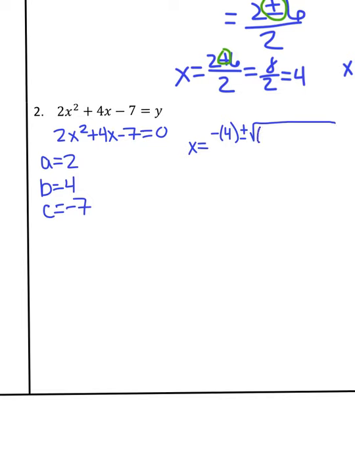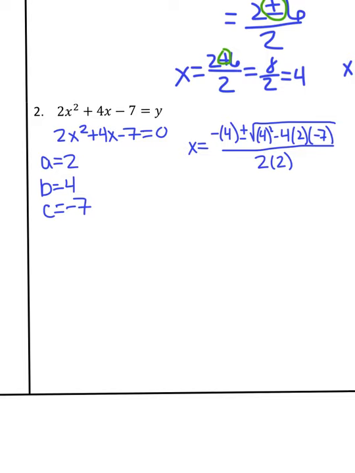Square root of parentheses 4 squared, b squared, minus 4 times a, which is 2, times c, which is negative 7, and divide that whole thing by 2 times a, which is 2. So there we go. Negative 4 plus or minus the square root of 4 squared minus 4 times 2 times negative 7, all divided by 2 times 2.